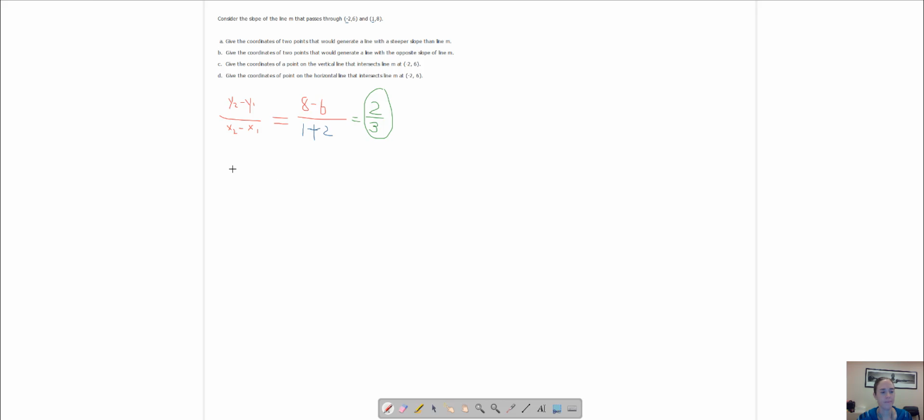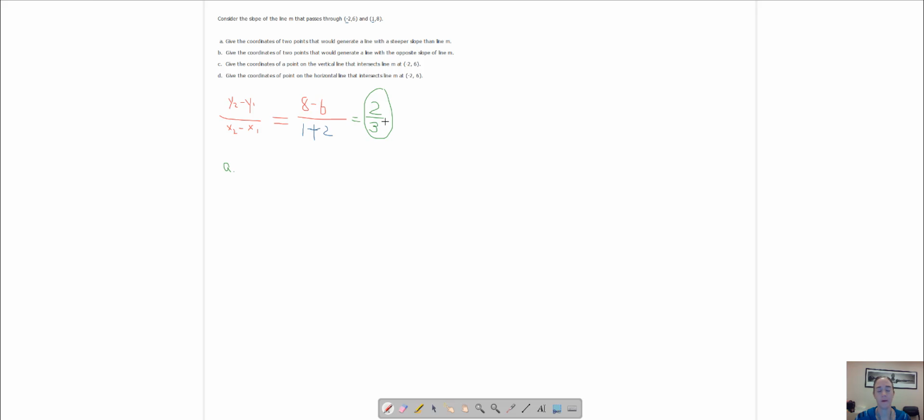So part A says that you have to give the coordinates of 2 points that would have a steeper slope than line M. In order to have a steeper slope, it has to be a bigger number than this one. The easiest way to do that is to just think of it.